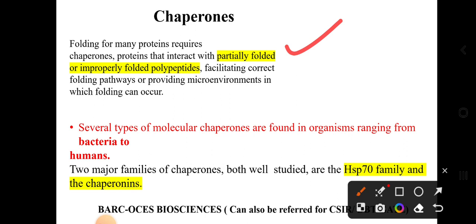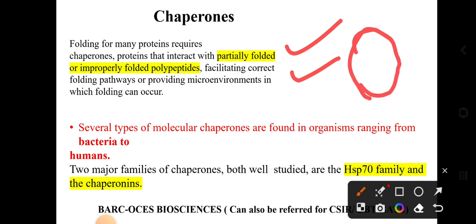One, it can direct your protein: okay, fine, you were unfolded till now, but now you need to go to this pathway. So it can give a correct pathway to your protein, or it provides a microenvironment. If your cell is in heat shock, as I've told you multiple times, if the cell is in stress, then chaperones provide a microenvironment.